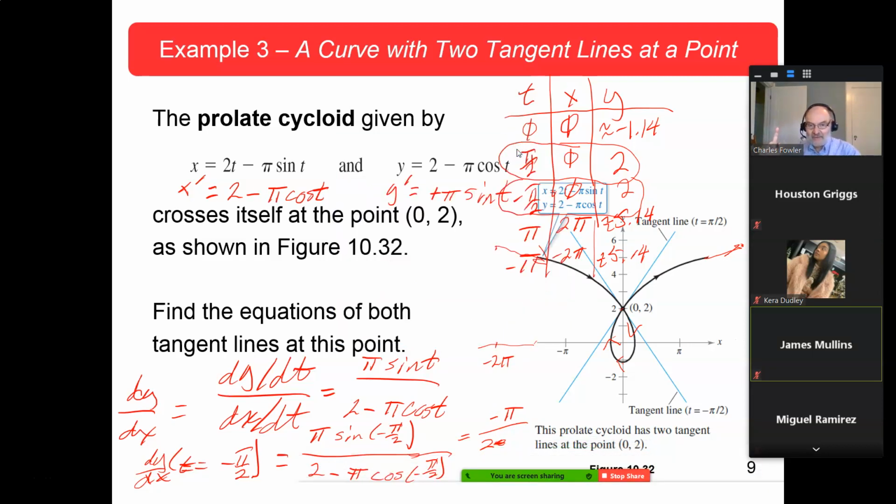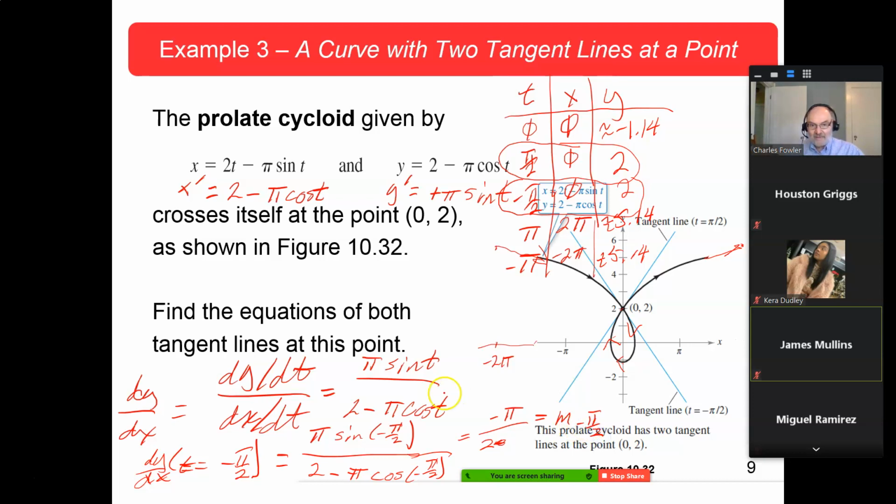Okay, now negative pi over 2. That's going to be close to negative 3 halves. A little bit steeper negative than that. That looks like the slope of this tangent line. Okay, so this is your m at minus pi halves.